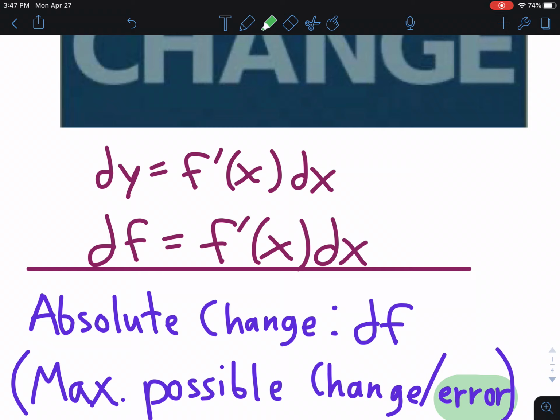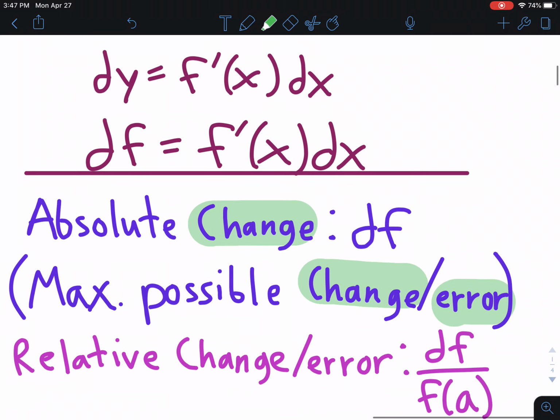So the words change and error are going to be used interchangeably here. Anytime you see the word change, you may also see the word error, and you are asked to find the same thing. So what's the maximum possible error in calculating something? That would mean just finding the differential of the output.